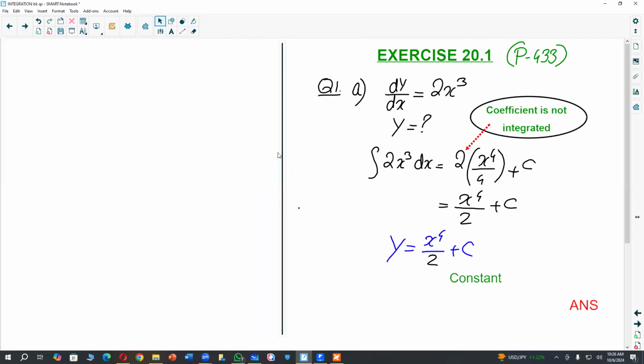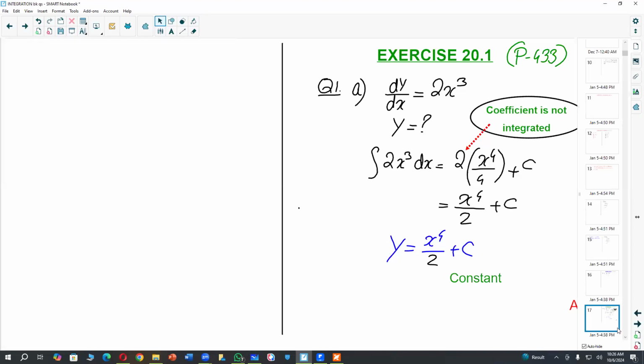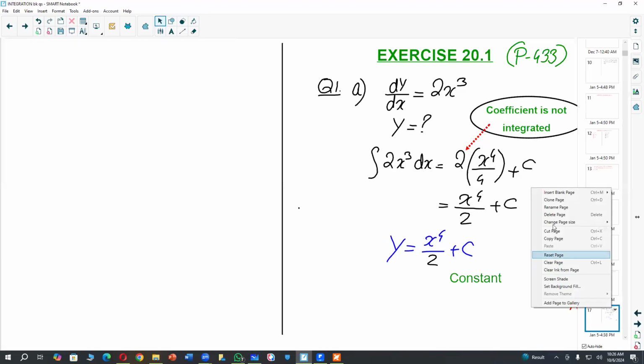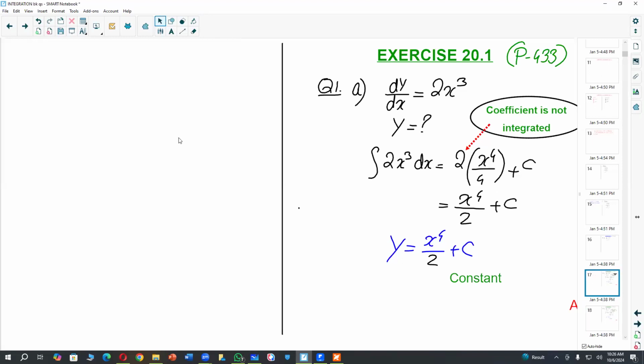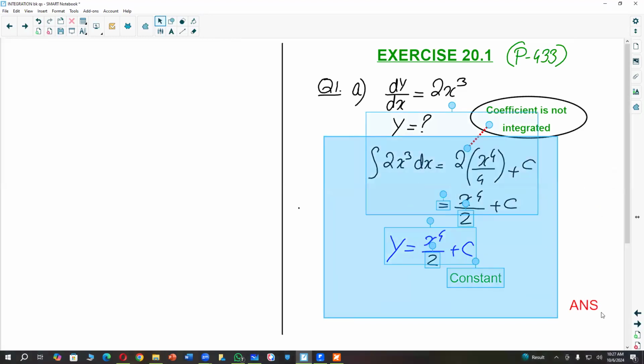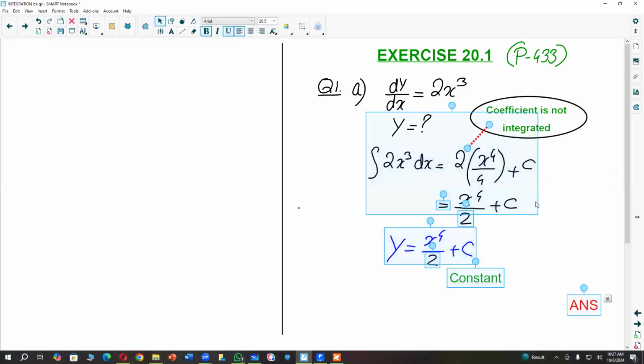Okay, exercise 20.1, question number 1A. The book will use a formal symbol dy upon dx. This will be a thumb rule: when dy upon dx is given, it means you have to integrate.